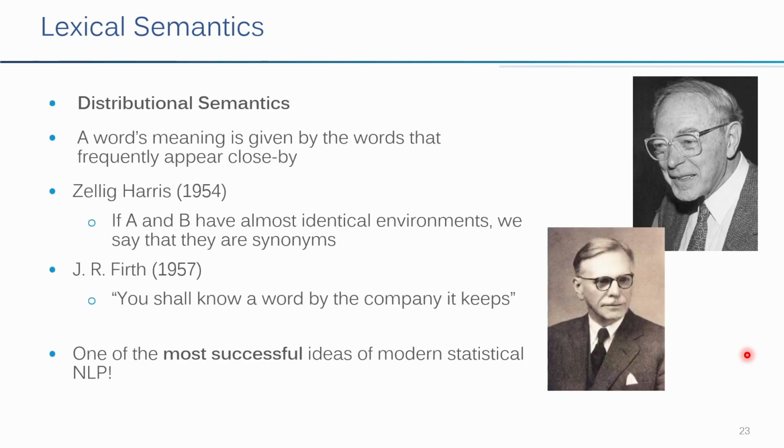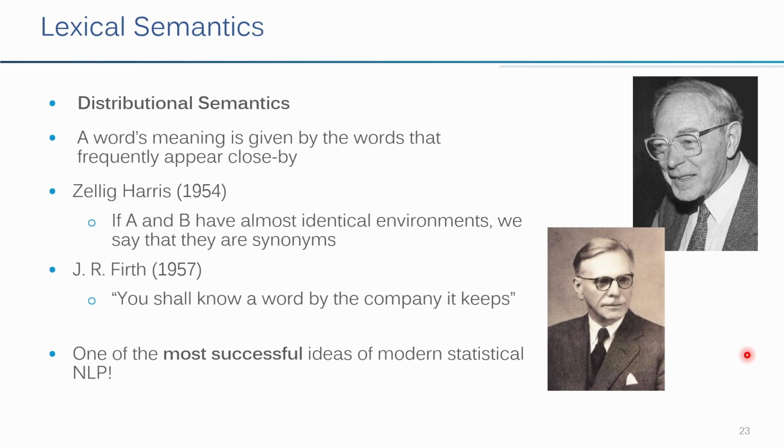That being said, I think we can already start moving to something a bit closer to what we'll be doing for the next lectures. Remember, we talked about compositional semantics, ontological or lexical databases, and now we're talking about distributional semantics, which is pretty much the idea that a word's meaning is given by the words that frequently appear close by.